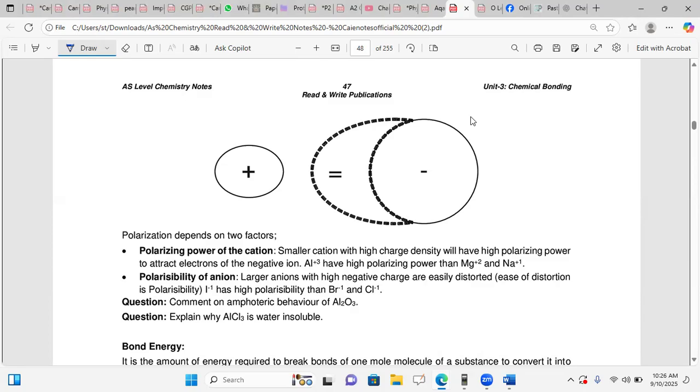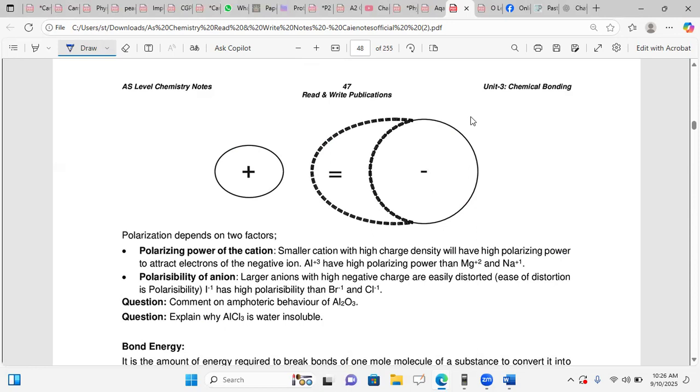Larger anions with high negative charge are easily distorted, like iodine with -1, because iodine is just above astatine. Fluorine, chlorine, bromine, then iodine, means its negative charge is very far away. So it has higher polarizability than bromine, then chlorine, like that. Chlorine has very little polarizability.